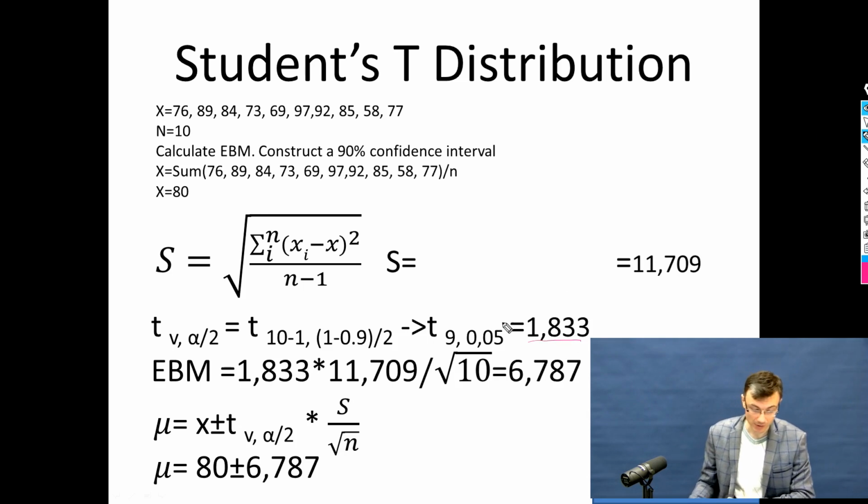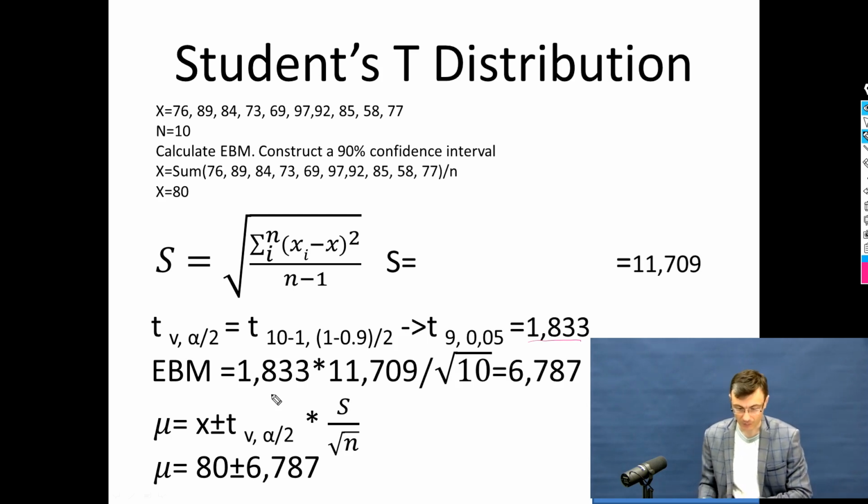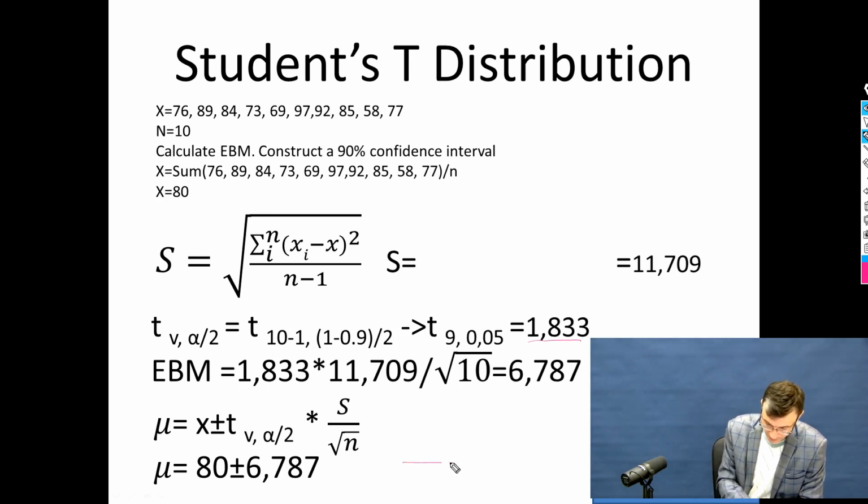And then calculate our EBM. So place here our t criteria, then we multiply by our sample standard deviation and divide by the square root of the size of our sample. So we get the interval here, and we use it.